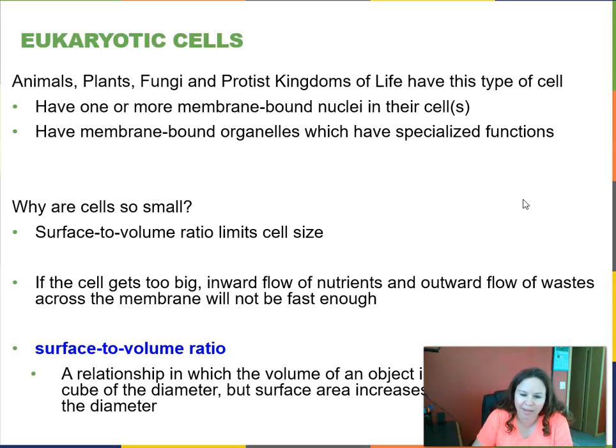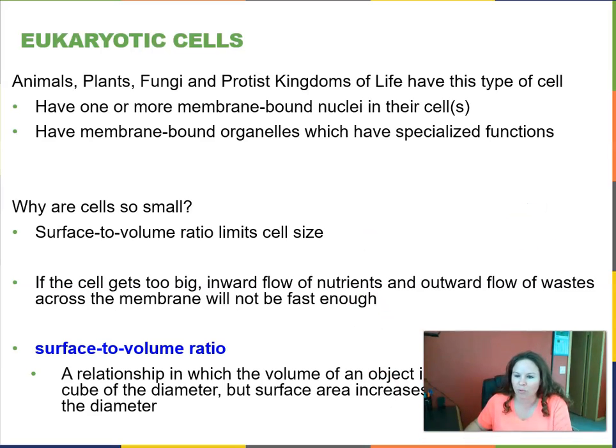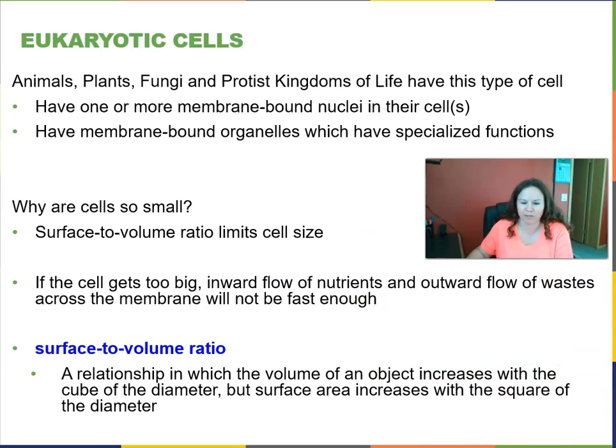If a cell got too big, it would take too long for that and the cell would die. So cells are limited because of that. They need to be small, so it quickens the inward flow of nutrients and gases and the outflow of wastes. So that's what we mean by surface to volume ratio there.